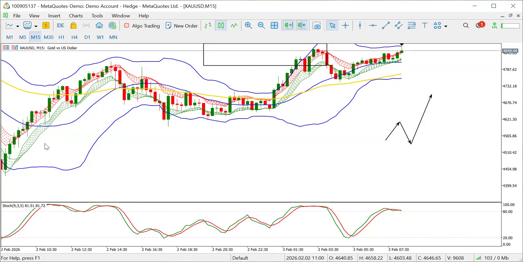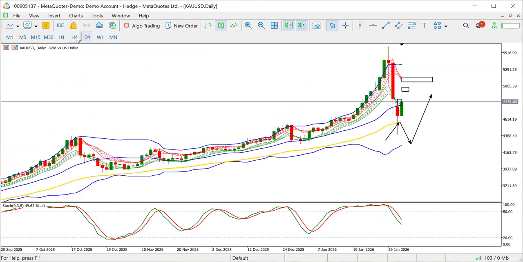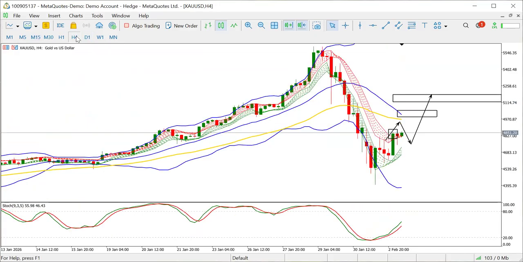On H4 and daily, we got sell CSD on daily and also momentum on H4 time frame. So on H4 time frame, trend is 100% shifted, but on daily time frame, trend is 50% shifted because of CSD sell. When mid BB breaks, that means 50% trend shifted from bullish to bearish.